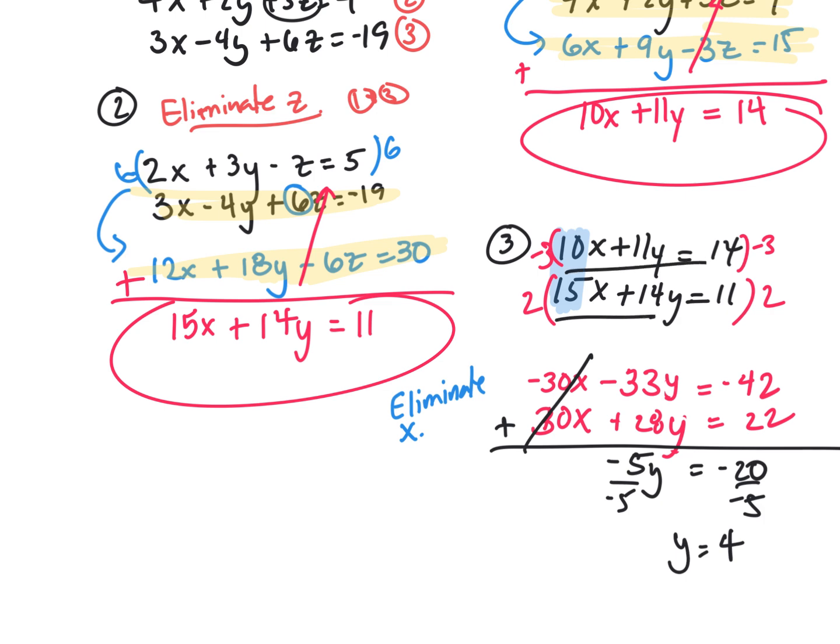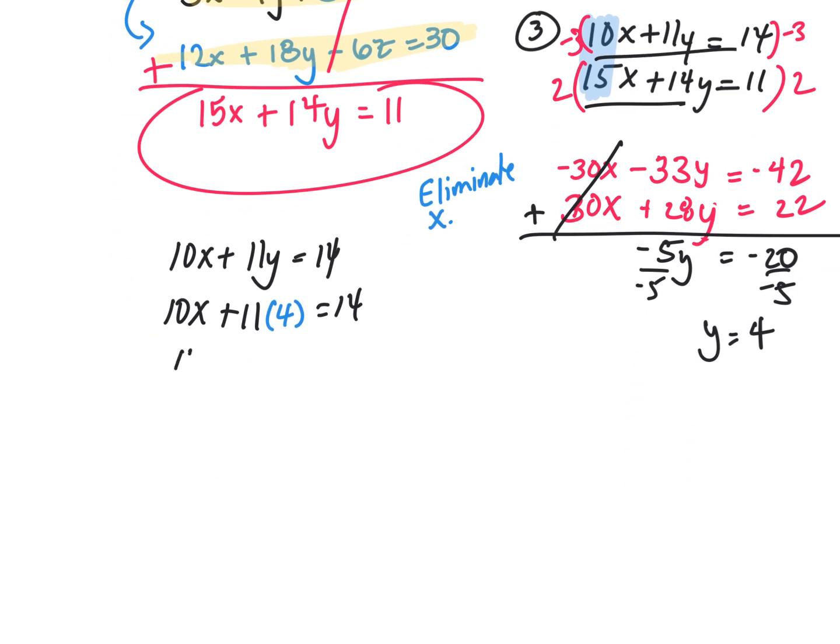Okay? So I'm still in step 3. So I'll just move over here. Now, over here, I'm going to take the top one. I'm going to take 10x plus 11y equals 14. And in place of y, I will put a 4, and solve for x.